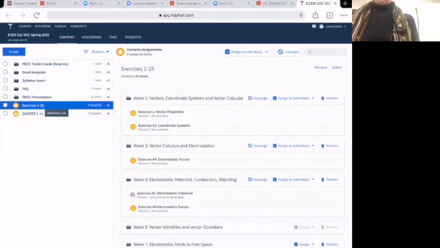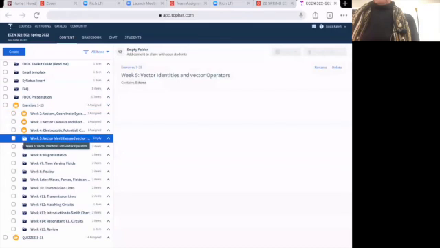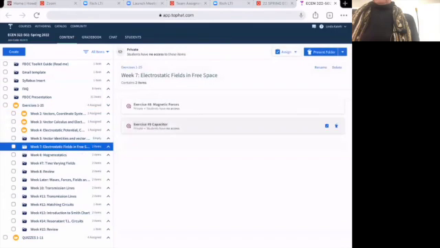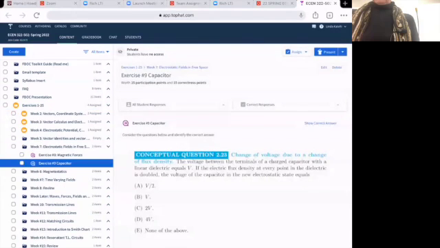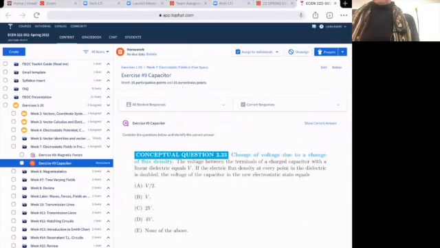It's exercise 9 for you. It's a relationship between a capacitor and the voltage. You will see it for Wednesday. All right. Wednesday.